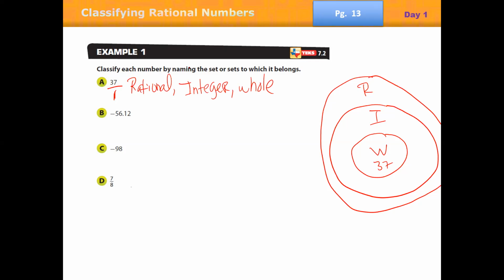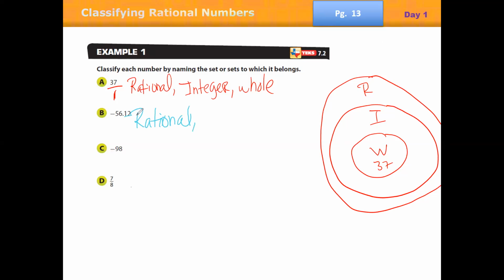Let's look at letter B. I'm gonna color coordinate. -56.12. Well, remember we said rational numbers are fractions or decimals. So this guy is a decimal. So that means I can place him here for sure. But can I place him in an integer? I want you to think about that. Can I place this one in an integer?